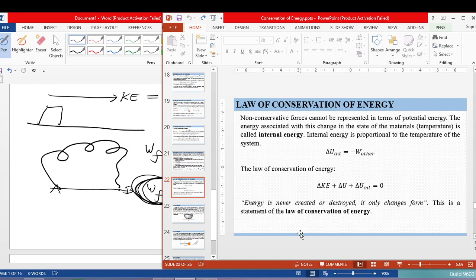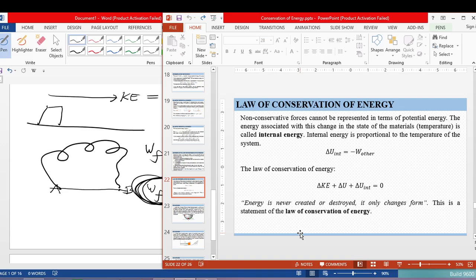So remember, the law of conservation of energy is very important. Okay? Because it actually provides an umbrella for the physics community. Meaning that if you have a theory and it violates the law of conservation of energy, then something is basically wrong with your theory. It should not be violated.